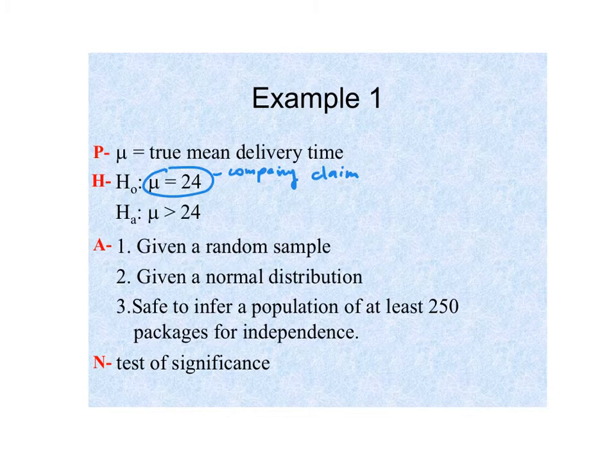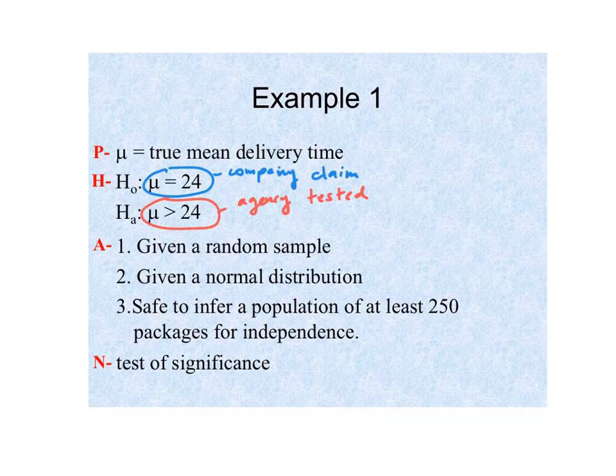But when the consumer group put that to the test, they got a delivery time that was more than 24 hours. So this is what the agency tested, because they believe that they take longer than 24 hours, right?